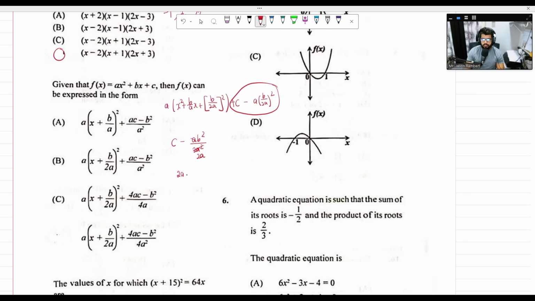I'll get 4ac minus b squared, all over 4a.